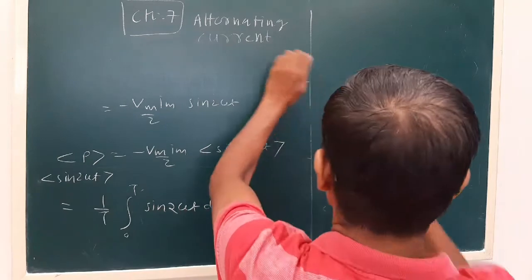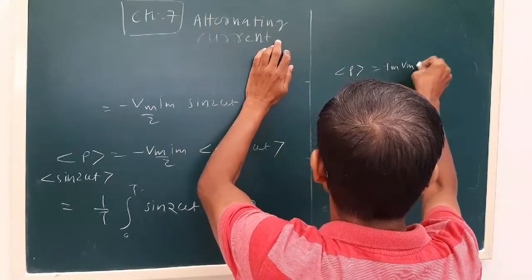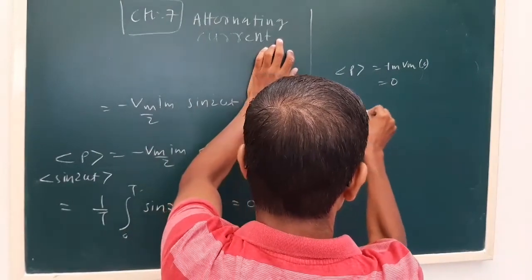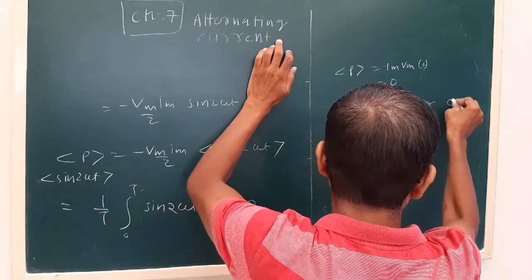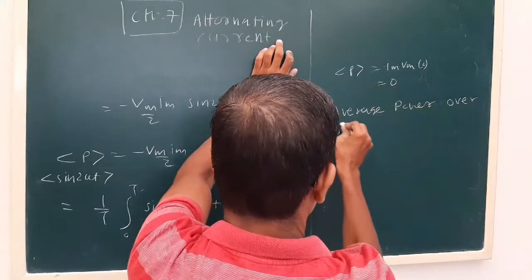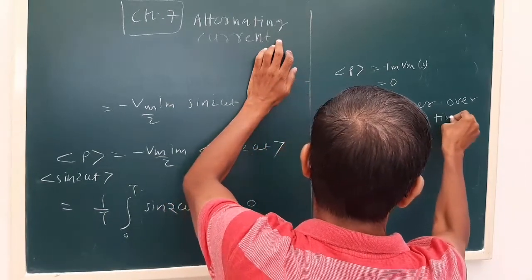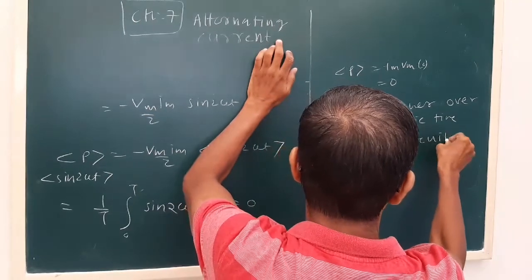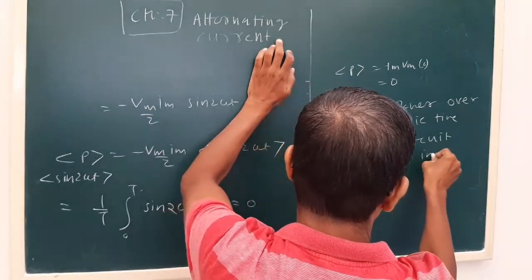So that's why the average power over one periodic time in AC circuit with only inductor is 0.